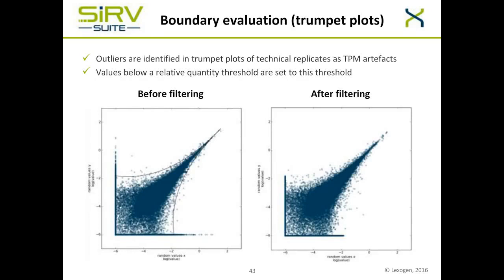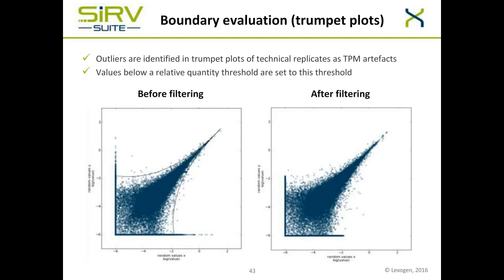The normalization actually includes that we identify outliers, and these are identified in trumpet plots. So the basis for the prominent outlier, the TPM artifact identifications, are these trumpet plots of technical replicates. It could be, for example, that in one replicate, a short transcript would receive no read, so 0 TPM, and in the other one, a fraction of a read.